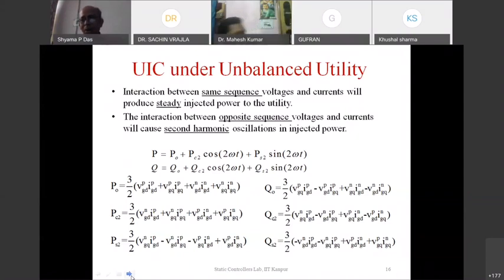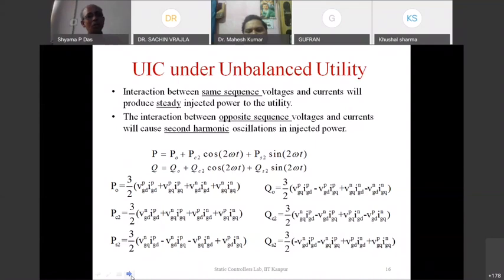How are the equations of PC2, PS2, etc. derived? They are not very difficult. When we have the DQ component, we can say, for example, the voltages are now complex variables, which is something like VGD plus J VGQ.